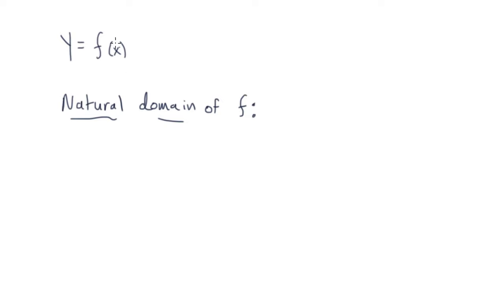It's basically all of the real numbers x for which f of x is a real number. So let's actually write that in set builder notation. We'll denote it by D of f. And what this is going to be is all the real numbers x such that f of x is a real number.